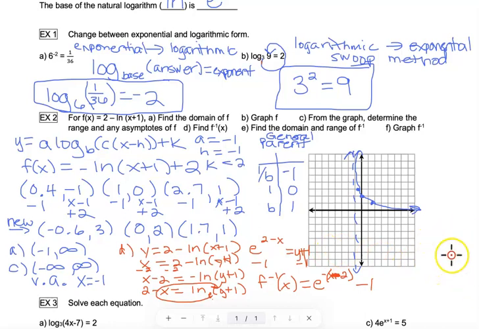So if I go to make a table of values, so -1, 1 over e, which, again, I'm starting with the reverse of these. So here's this guy, then starting with 0, 1, and then finally the third point would be 1, 2.7.